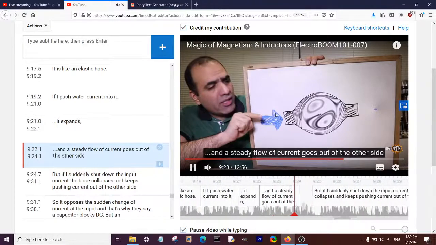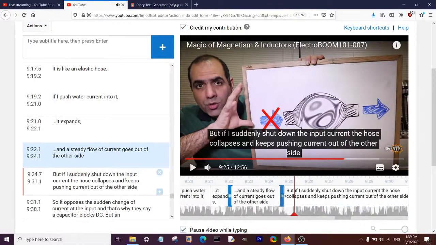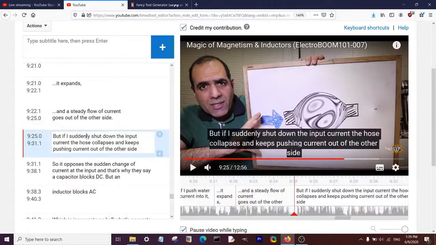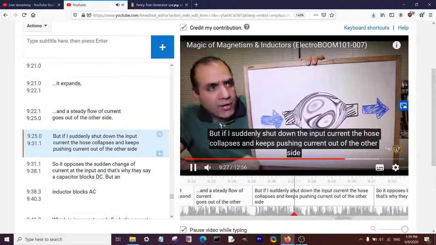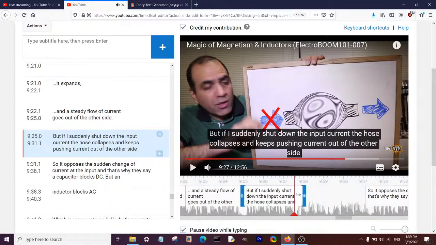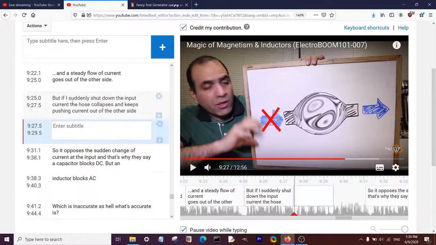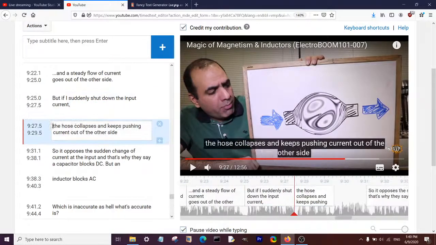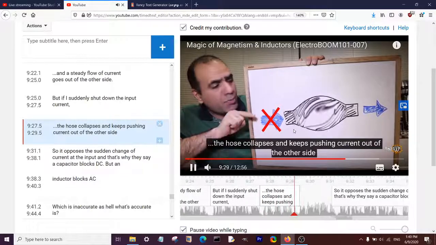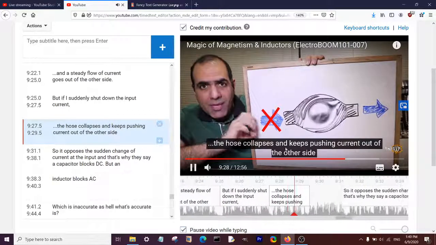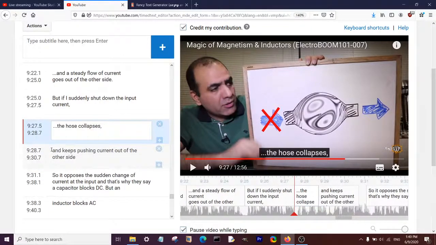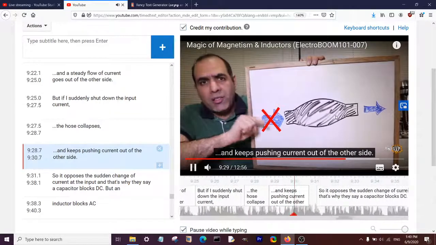Steady flow of current goes out of the other side. But if I suddenly shut down the input current, the hose collapses and keeps pushing current out of the other side.